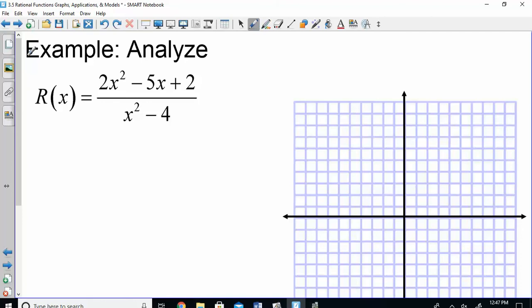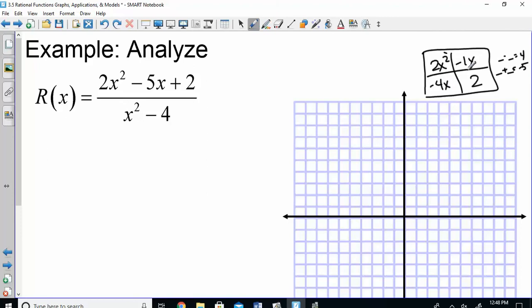So how would I factor the top? Good. So I need two numbers that multiply to 4, add to -5. What would that be? -4, -1. Good. So then we can factor.